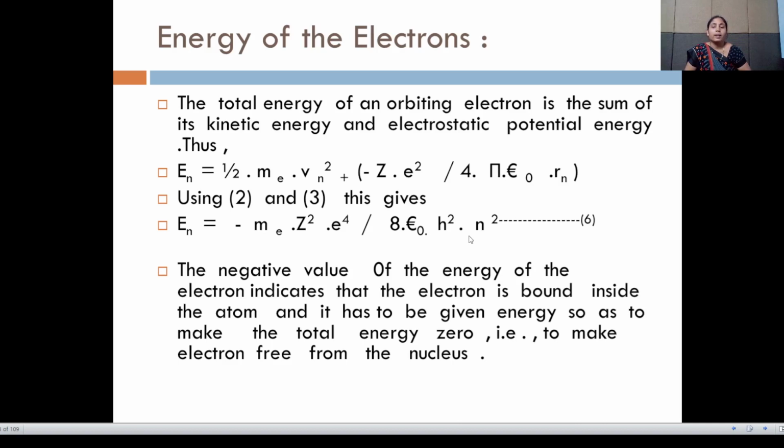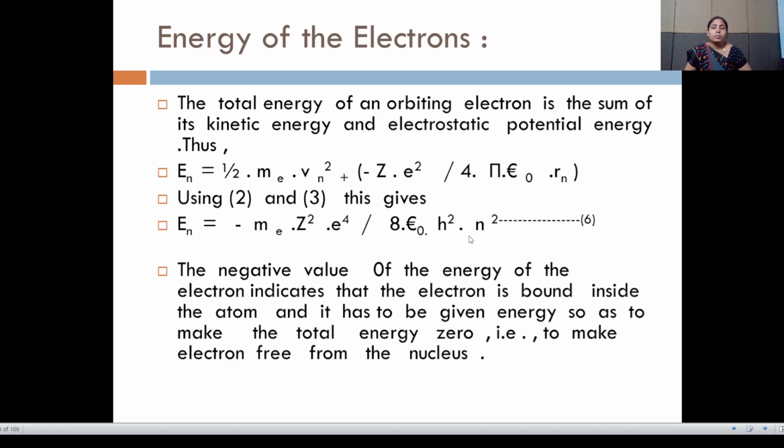That is, to make the electron free from the nucleus. The above equation shows that the negative value of the energy of the electron indicates that the electron is bound inside the atom and it has to be given energy so as to make the total energy 0.